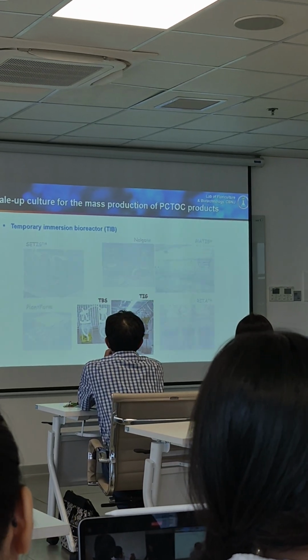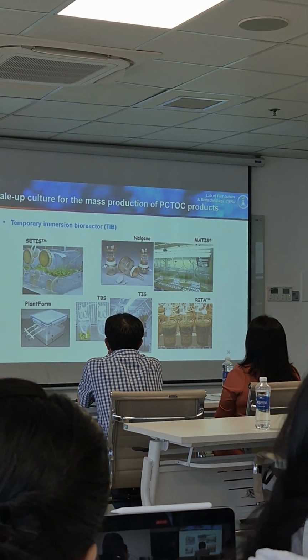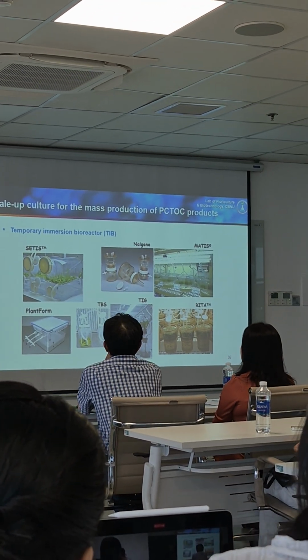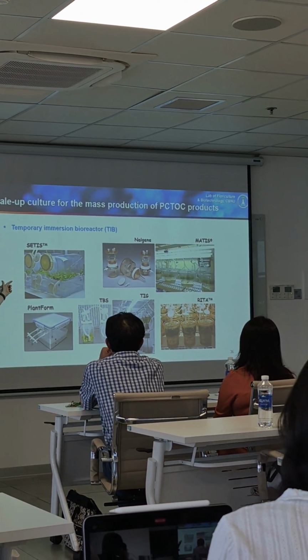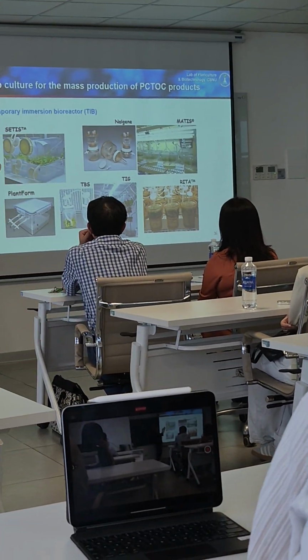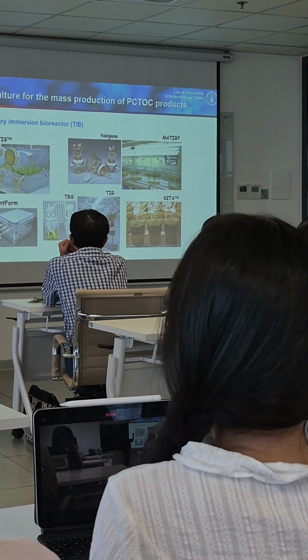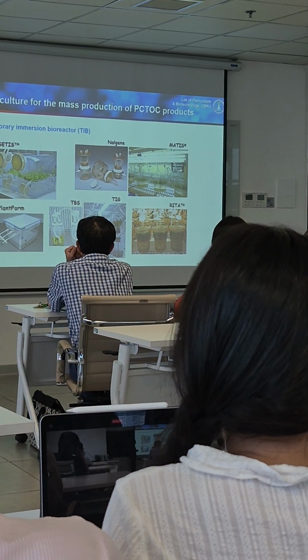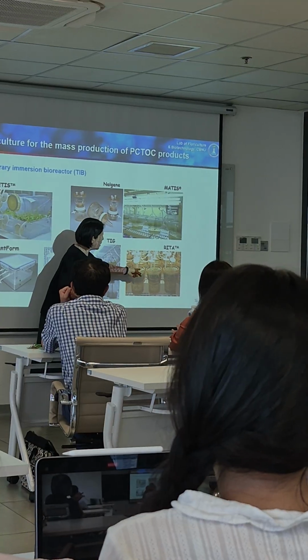Many types of temporary immersion bioreactors you can now buy through the internet. This is the RITA, and European people used to use that one, and the company may be located in Belgium or somewhere. Now I forgot. And the other ones are Nalgene and Matis, Rita.